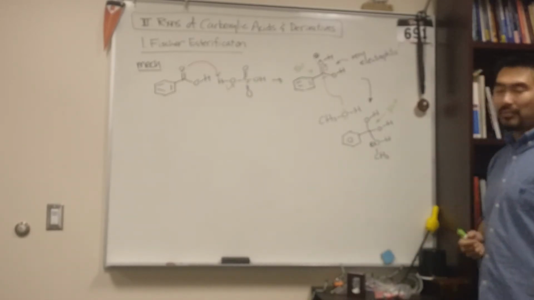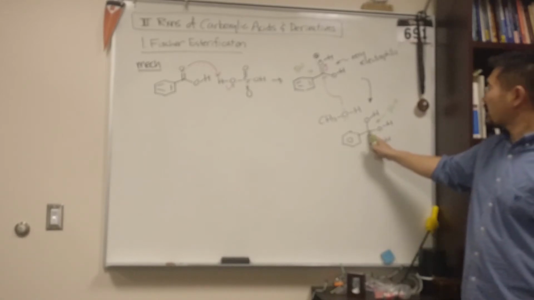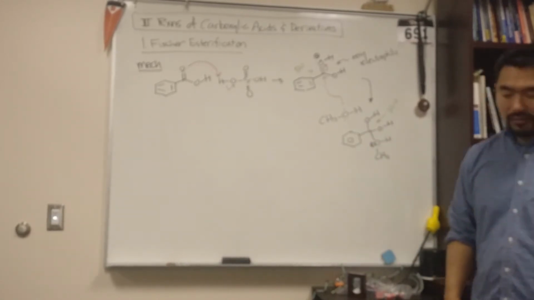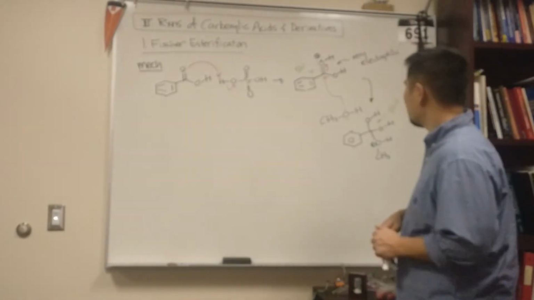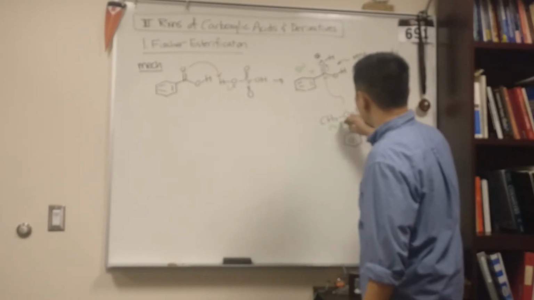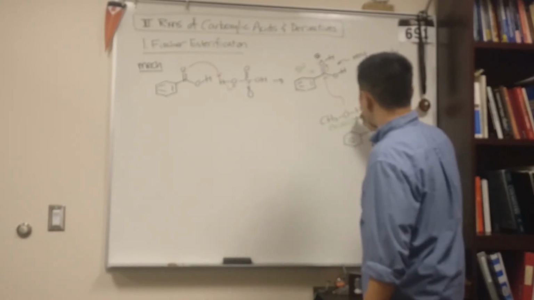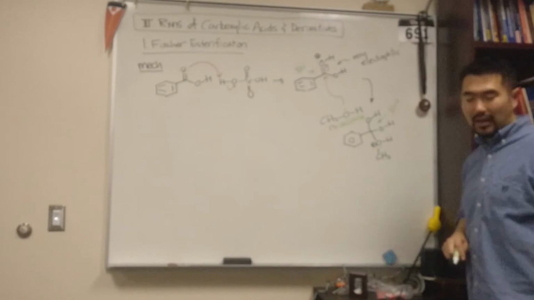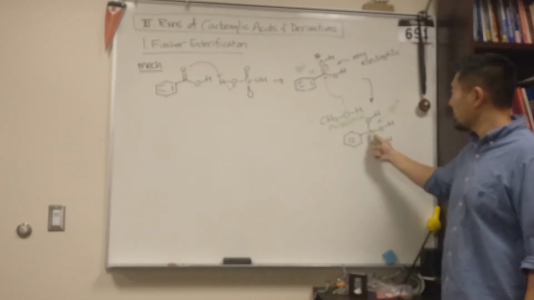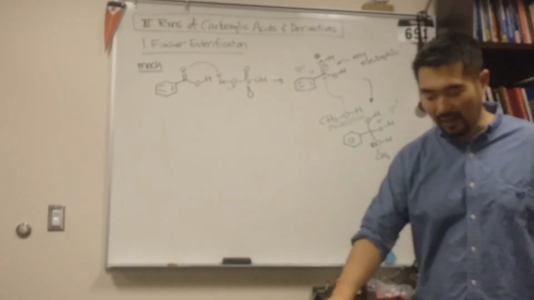So that's the sp3. Now that becomes an sp3 carbon after the attack. So what's the point? Well, I should probably label this nucleophile. After the nucleophilic attack, it becomes a tetrahedral intermediate with sp3 carbon in the center.